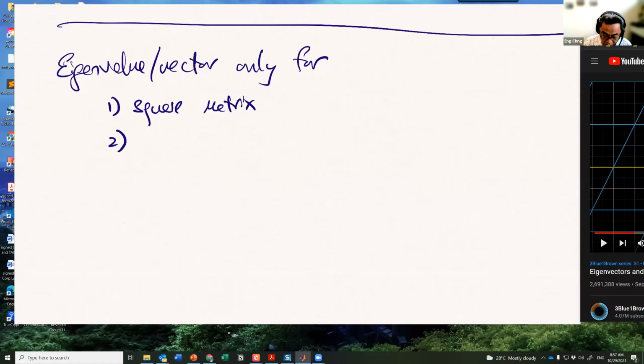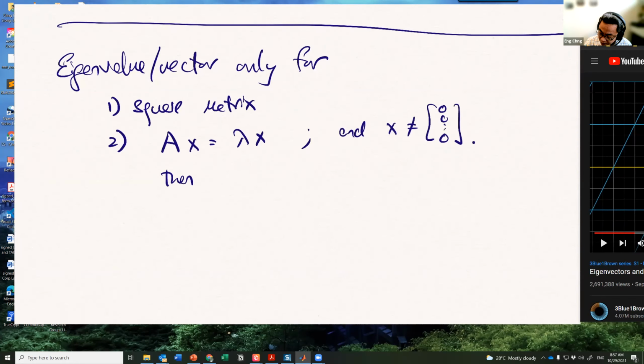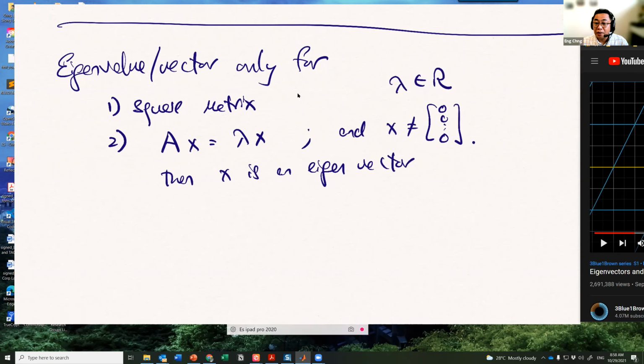Second, the typical equation that we would start with is AX equals lambda X, and X is not equal to the 0 vector, then X is an eigenvector. What's lambda? Lambda is the scalar. Actually, it can also be complex. Later on we'll figure it out.